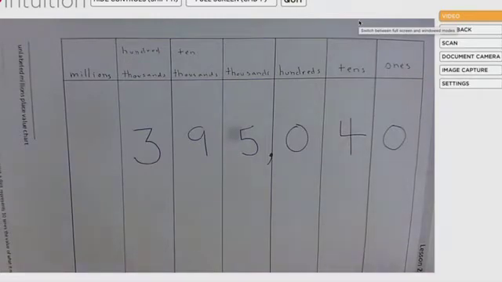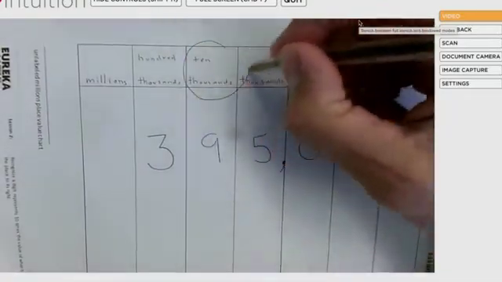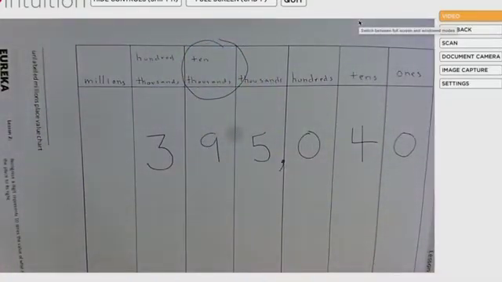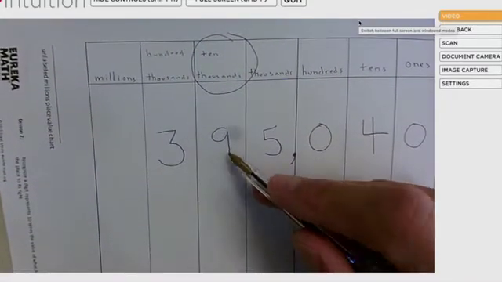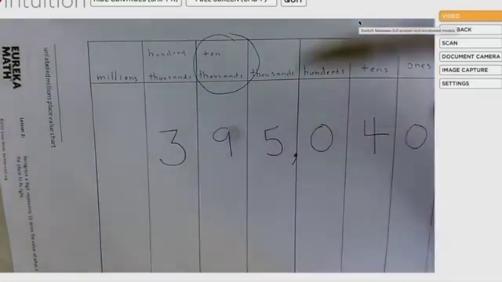All right, now for this one, I would like it to be 10,000 more. Well, let's circle the 10,000s place. Ooh, now this one gets a little more complicated because if you add 1 more to the 9, you get a 10.